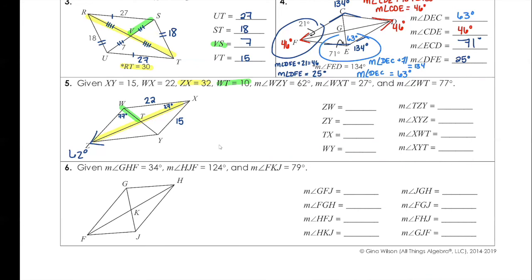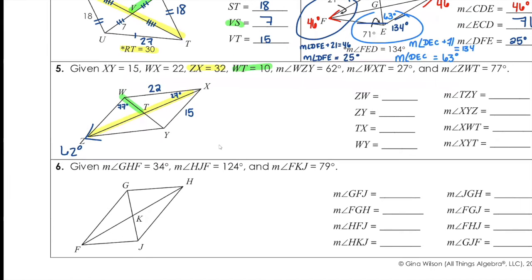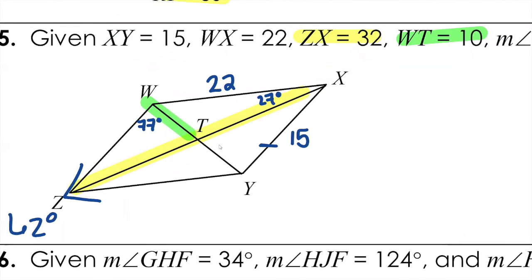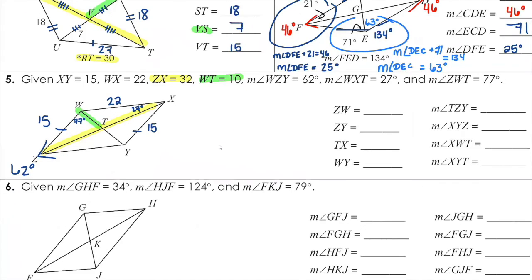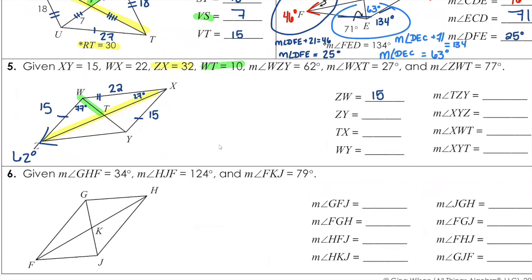All right, ZW. Who is ZW congruent to? XY. Opposite sides are always congruent, so ZW is 15. Look at that. First one done. What about ZY? It's congruent to WX. Opposite sides are always congruent, so it's 22. What about TX?